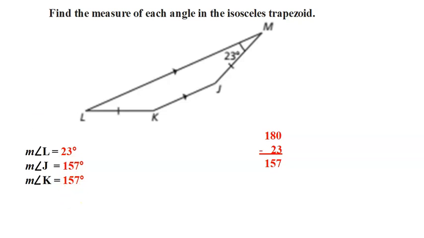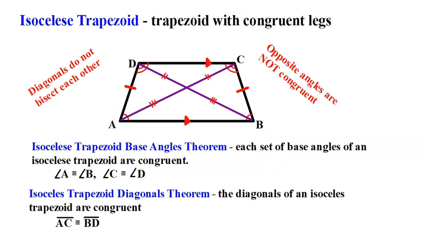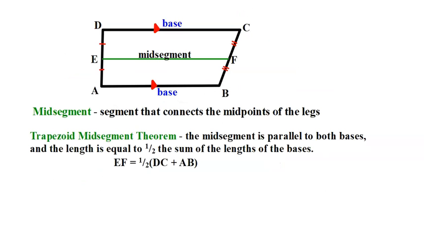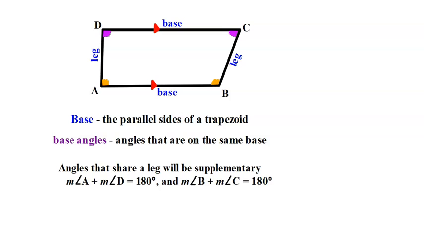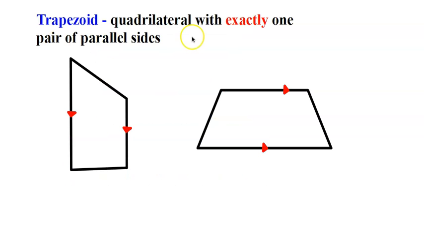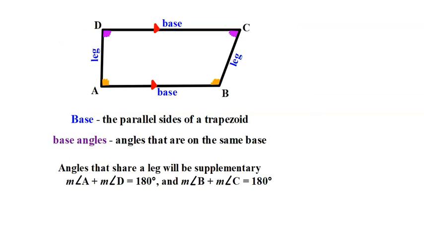All right. And that is trapezoids. So just to refresh, in every trapezoid, you have exactly one set of parallel sides, which we call the bases. The non-parallel sides are the legs. Base angles share a base, and angles that share a leg will be supplementary. Notice if it's not an isosceles trapezoid, the base angles are not congruent.